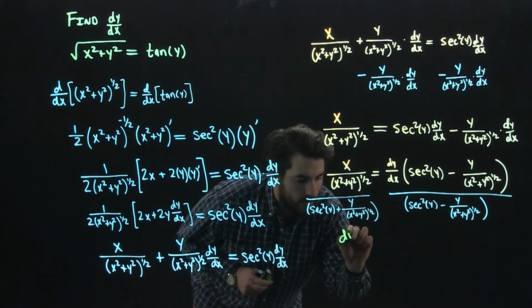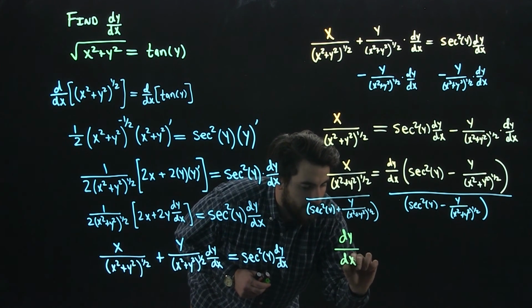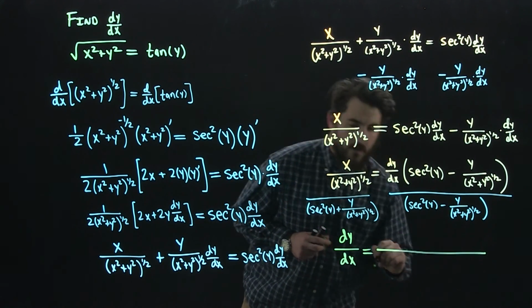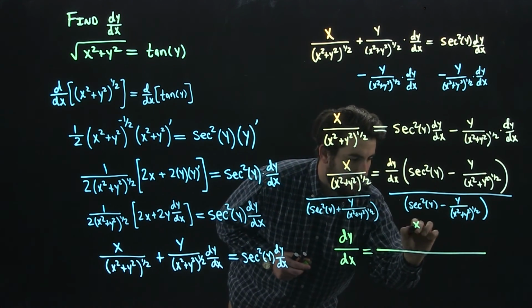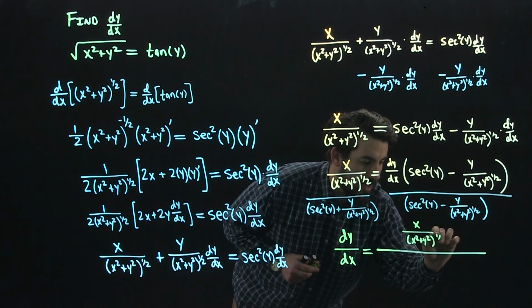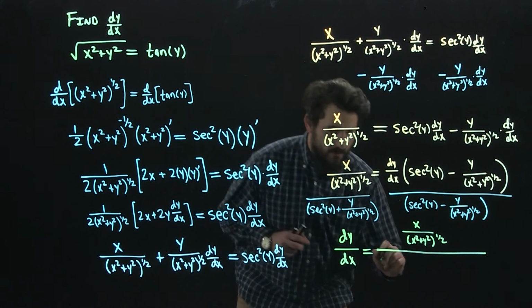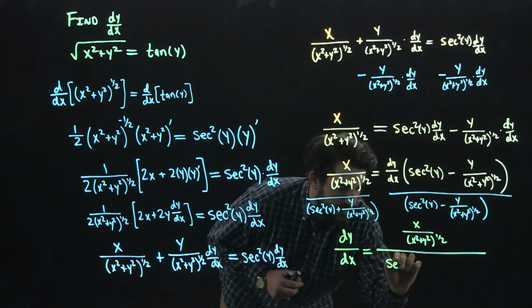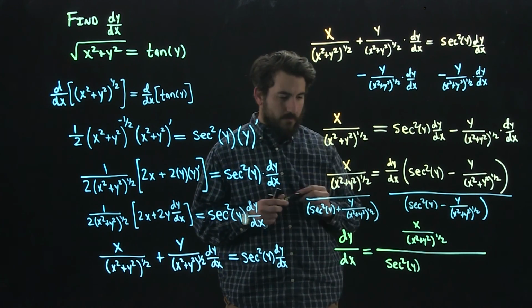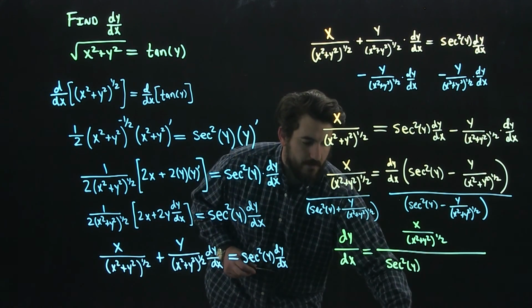So I get dy/dx equals the top. So this is going to be all over a big fraction bar. The top is going to be x over (x squared plus y squared) to the 1/2. And the bottom is going to be secant squared y. I put a plus here for some reason. This should be a minus.